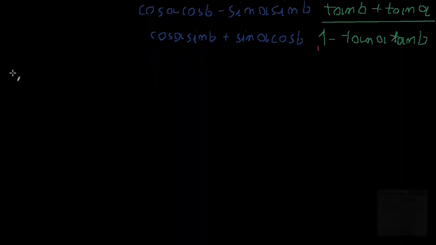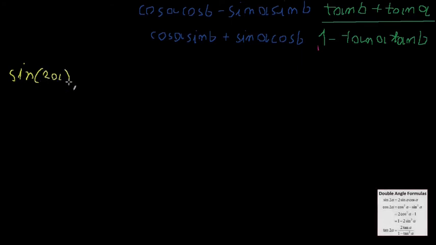For the double angle identities, we can use the previous sum identities, adding the same angles. It is just a less general version of the sum identities.